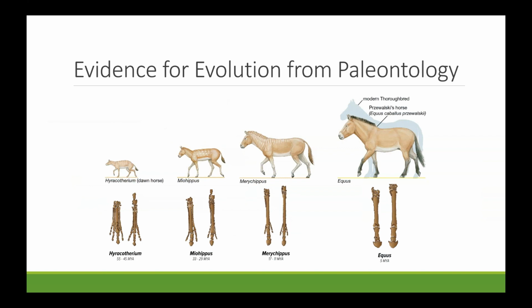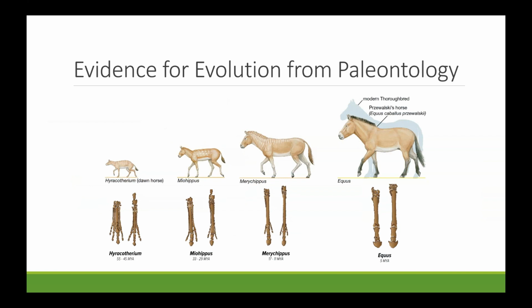Another lineage that can be tracked through the fossil record is the one of ancient equine species, which are the ancestors of modern horses. And without going into nearly as much detail as we did in our last example, over the past 55 million years, the fossil record shows that ancestors of modern horses have evolved in two ways: size and number of toes.